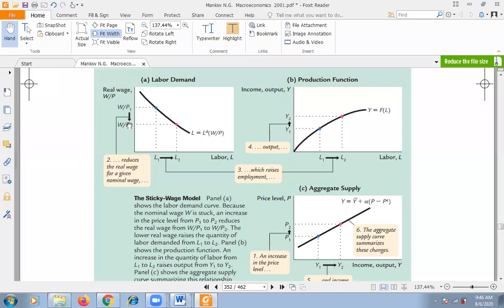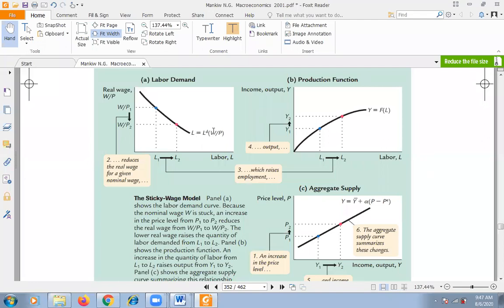As real wage decreases, the firms and industry will demand more labor. The demand for labor increases. We are over the red colored dots. Now join these two dots and we get the labor demand curve.